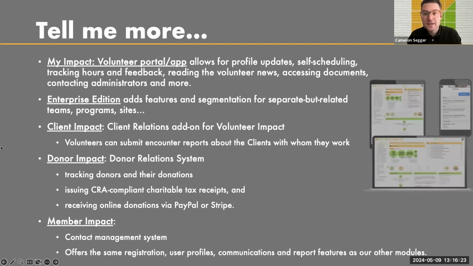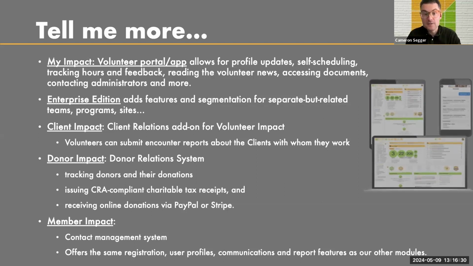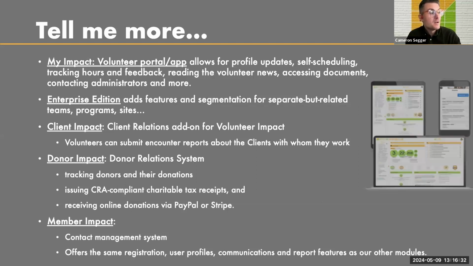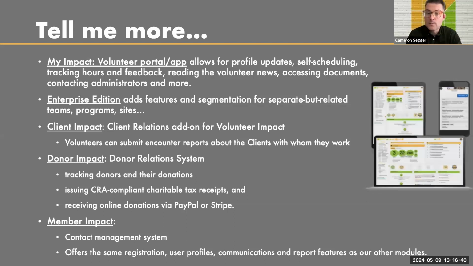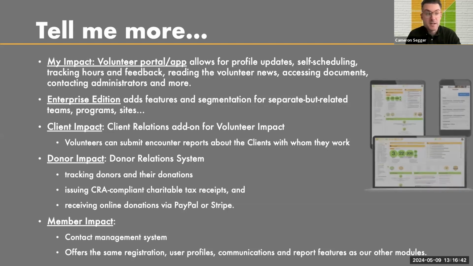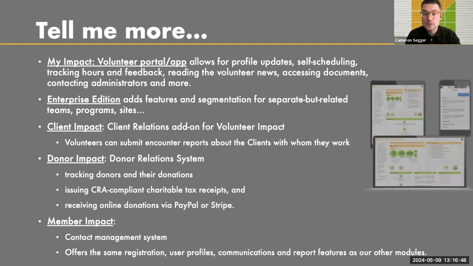I'll mention as well that we have a couple other modules which can be added on. Client Impact specifically is an add-on for Volunteer Impact and allows you to also track client profiles. Volunteers can be connected with the clients who they work with and submit some encounter reports after they've met with that client. Donor Impact is our donor relations system, so it can allow you to track donors and their donations.